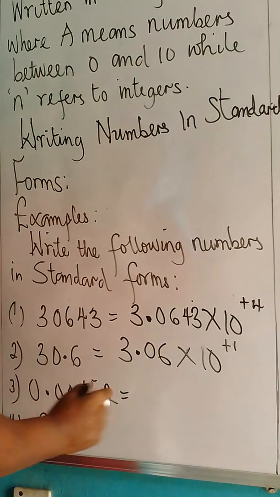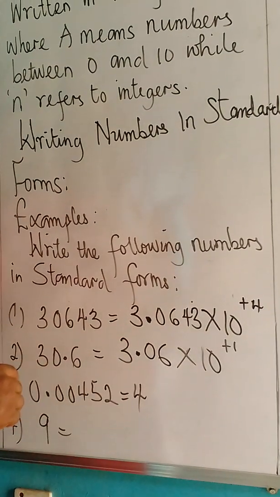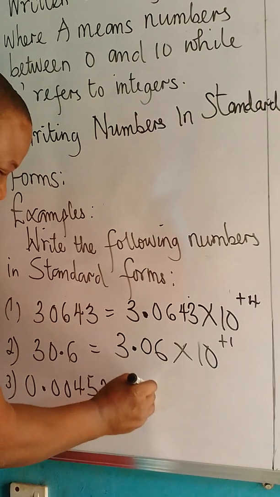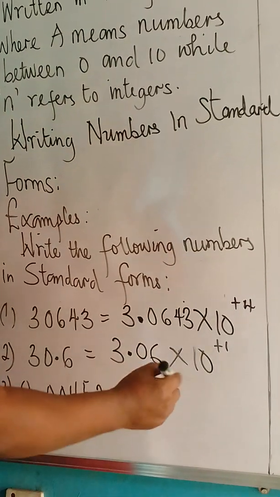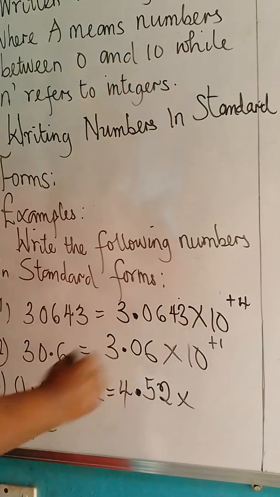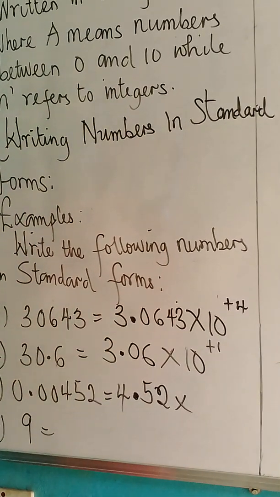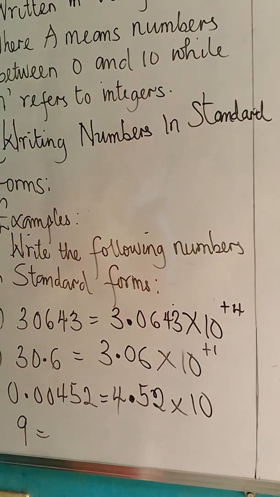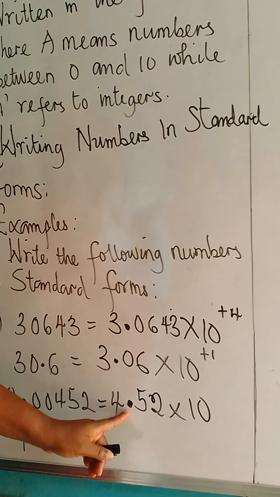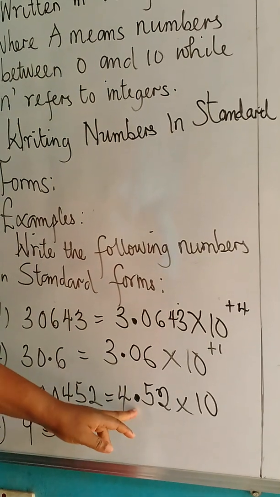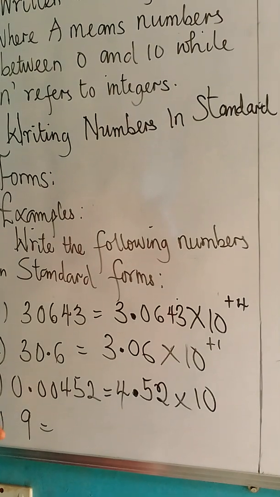So 4 becomes, and of course, you will bring in your decimal point, express the rest out, 52, then times 10. You now consider the number of tens you will be moving to get your decimal point to where we have it. Now, having said that, you fall back to your question.